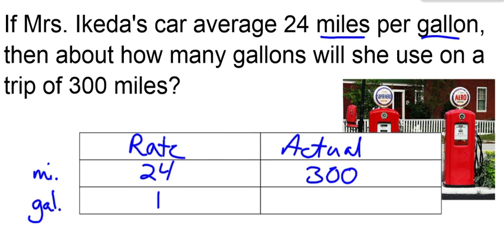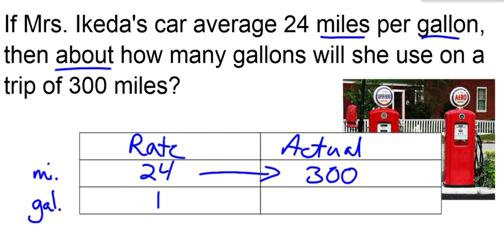To figure this out, once again, we're looking for the relationship. Here is where it gets a little trickier. Looking across, 24 to 300, it's not really an easy number; 300 is not very easily divisible by 24. However, we have that word about, and about means there can be some estimation.